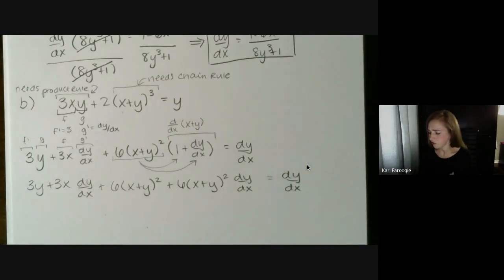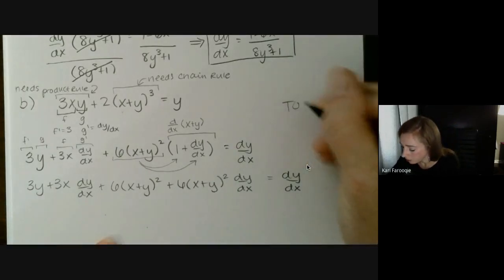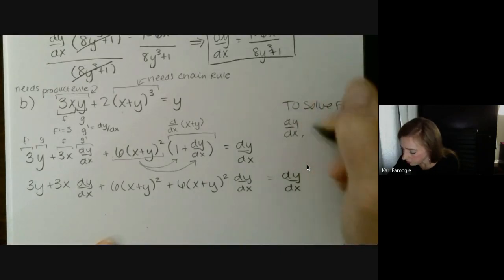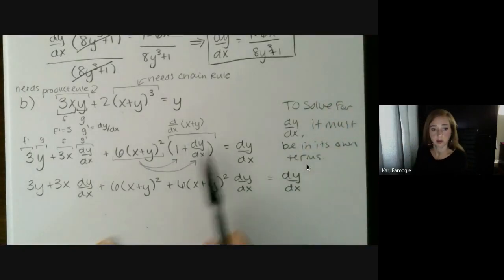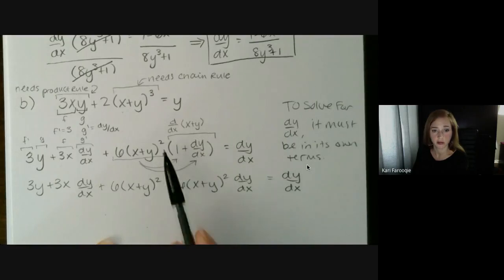I don't know, students, they don't think to distribute for some reason, and then they get stuck and they're not sure how to solve for dy dx. To solve for dy dx, it has to be in its own term. So it can't be combined with another term getting multiplied.